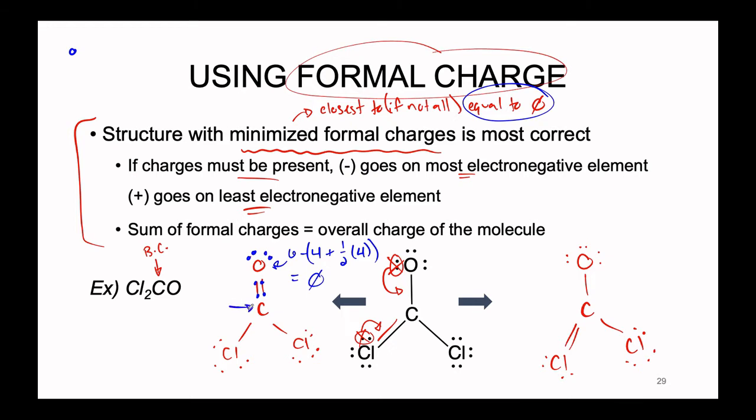We're going to do the same thing for our carbon, and we'll do it for one of our chlorines. Since the second chlorine, again, looks identical to the first, we're only going to have to pay attention to one of them. The formal charge on the other should be equal to the one we find on the first. All right, so carbon normally has 4 valence electrons. We're going to subtract out the number of lone pair electrons it has.